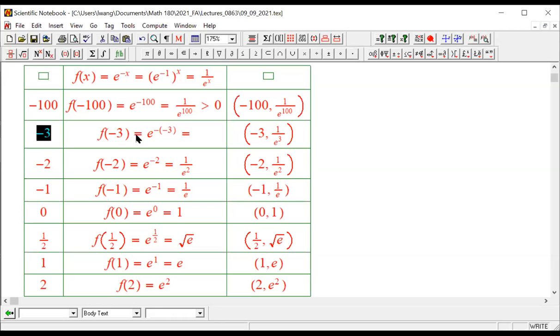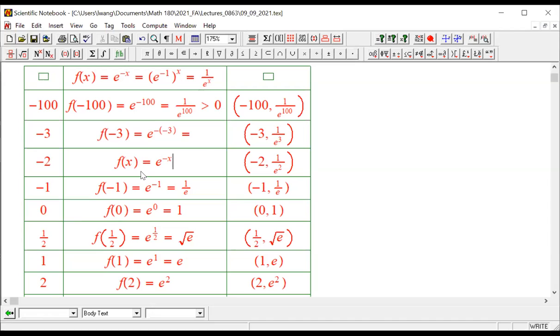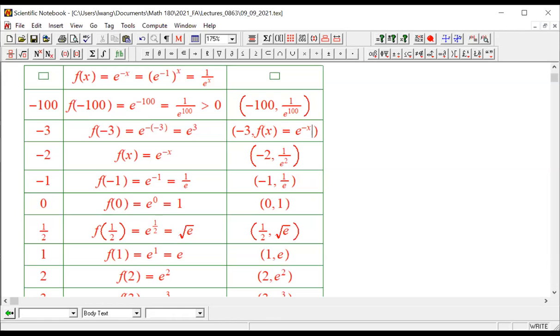When x is negative 3, I'm going to use this rule everywhere. When x is negative 3 as the input, the output would be produced by replacing x by negative 3. As a result, you're going to get e to the power what? Positive 3. Do you see that? So instead of 1 over e to the power 3, you're going to get e to the power 3.